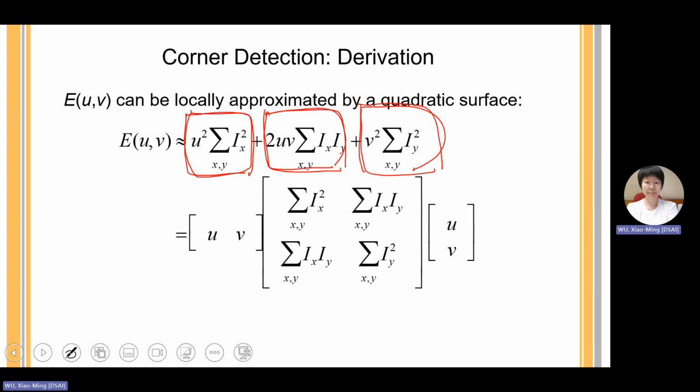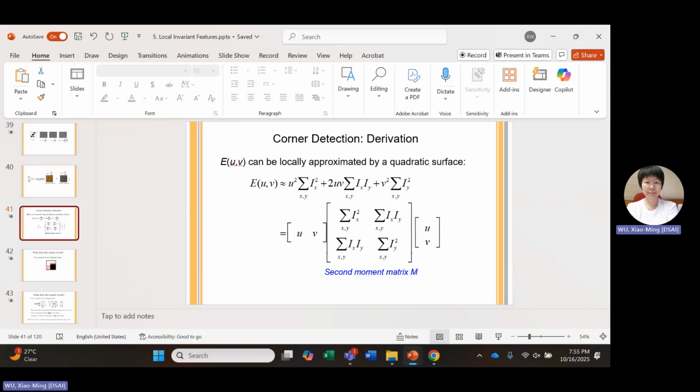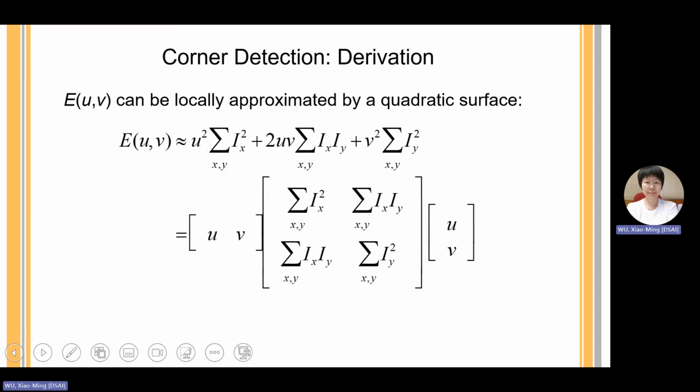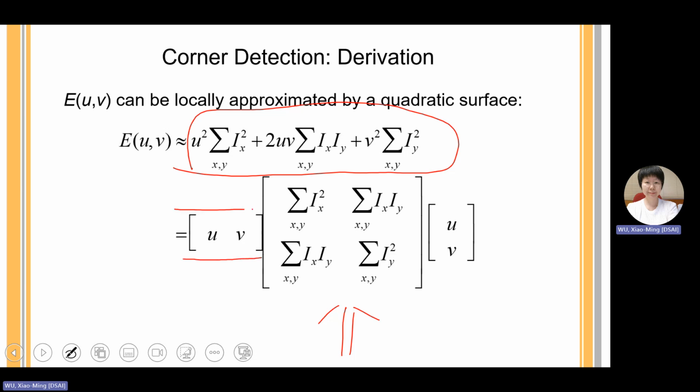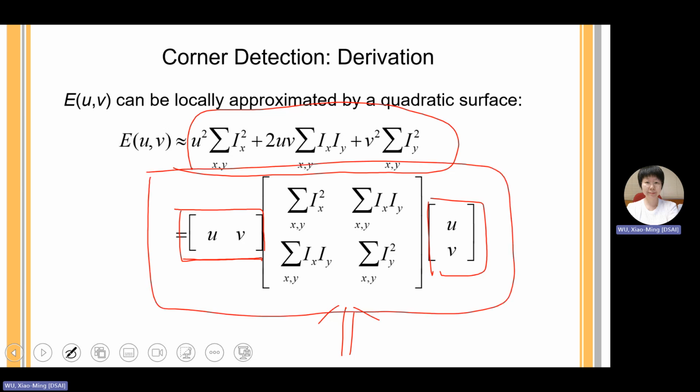And after some manipulation, this can be represented in this matrix form. In this matrix form, we can write UV as a row vector, and this is UV as a column vector, and you can check this quadratic term is equivalent to this term.